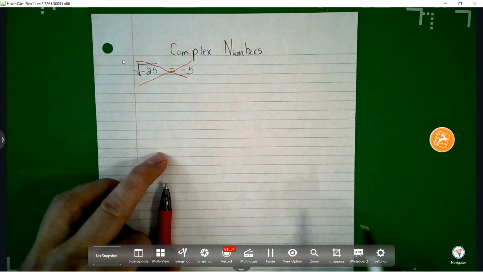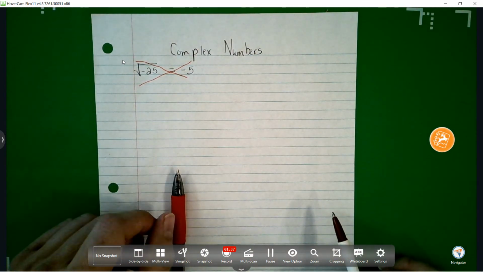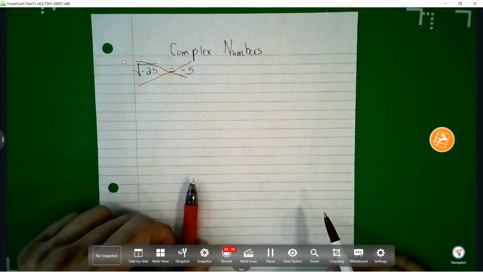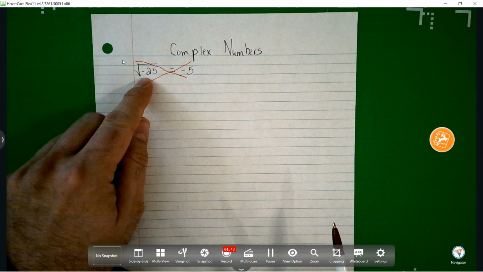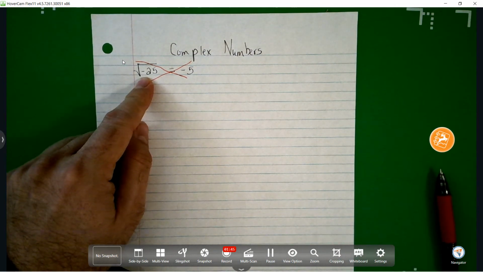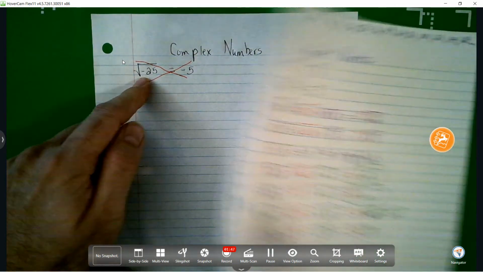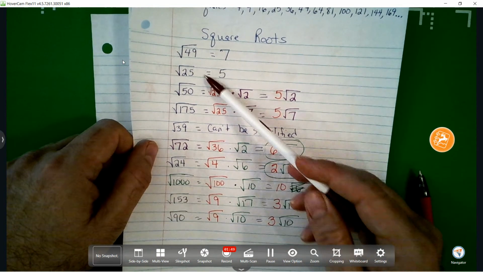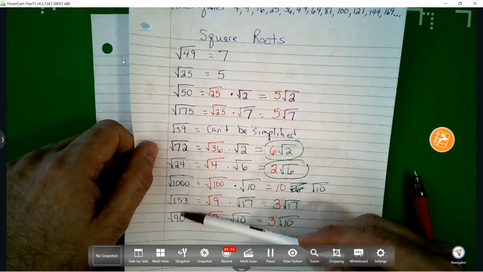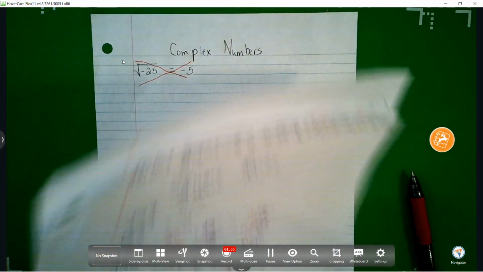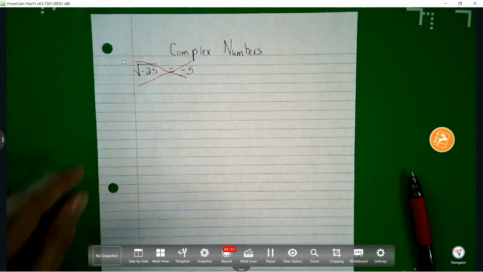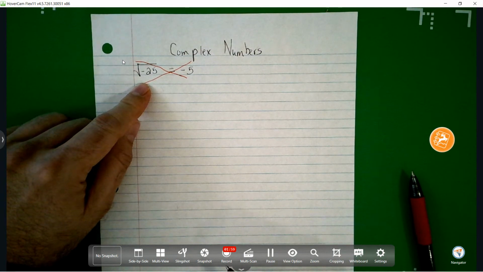But that's wrong. The square root of negative 25 isn't negative 5. Why is that? Well, negative 5 times negative 5 isn't a negative 25. It's a positive 25. If you think back to what we were doing with square roots, we never had a negative number underneath this square root symbol. Okay? So, how can we simplify square root of negative 25?